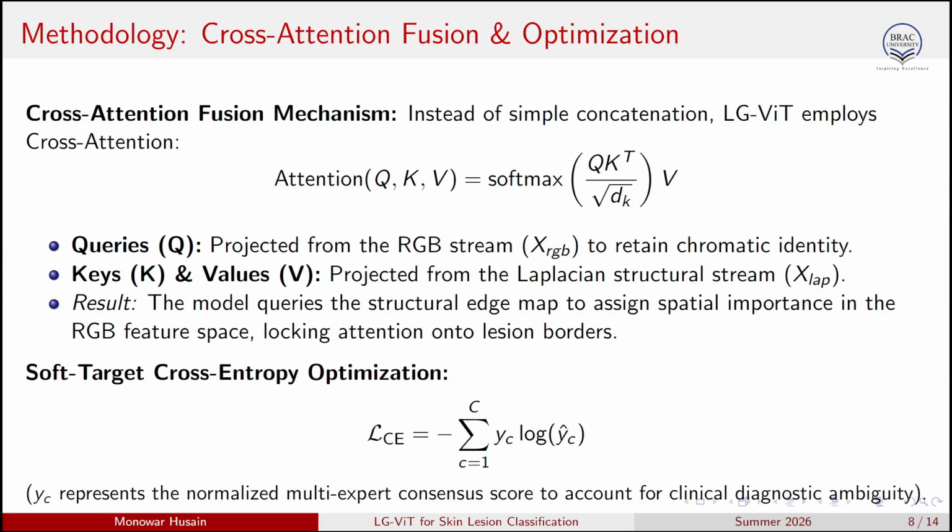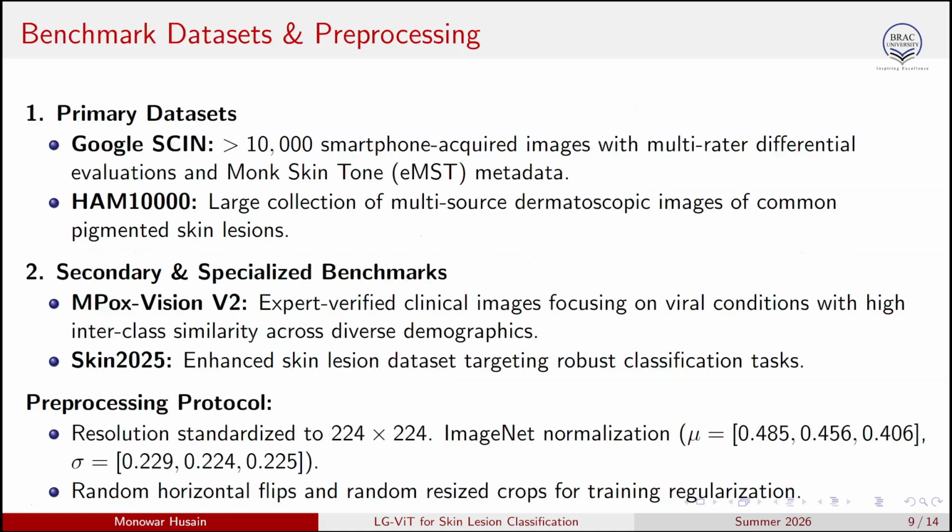Effectively, the model queries the structural edge map to assign spatial importance, locking its attention onto lesion borders. Furthermore, to handle diagnostic ambiguity from multiple expert annotators, we optimize the network using soft-target cross entropy loss.